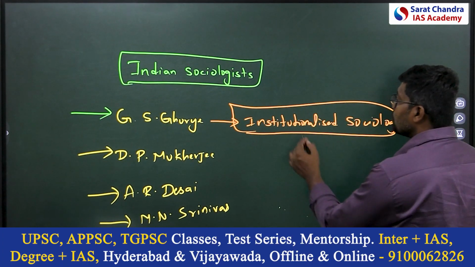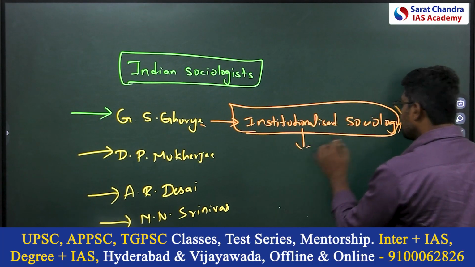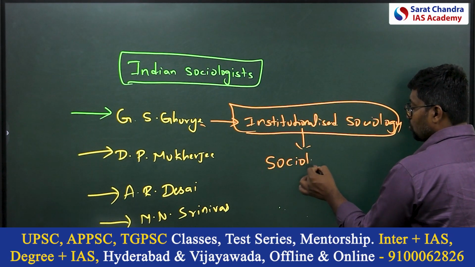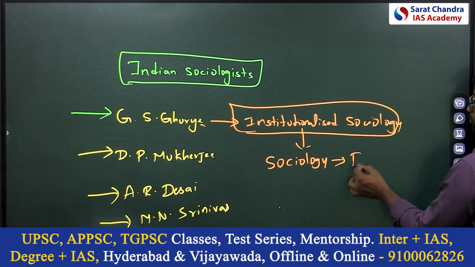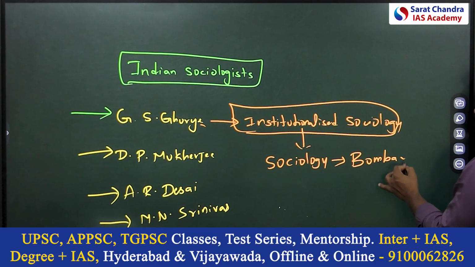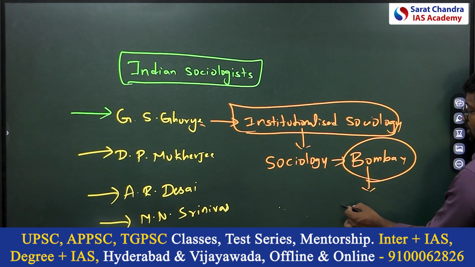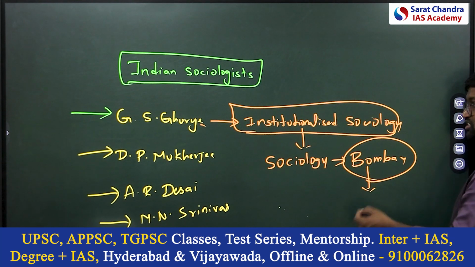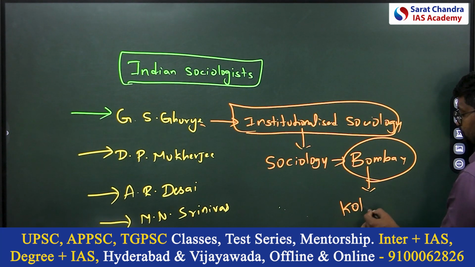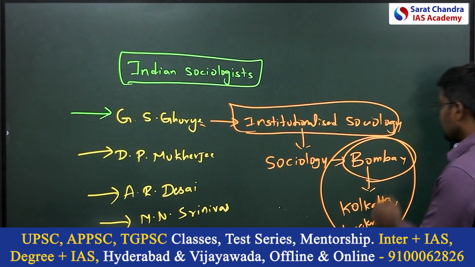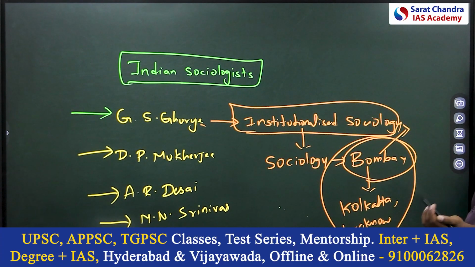Now, G.S. Ghurye was the first sociologist who studied institutionalization of sociology. He established the sociology department in Bombay. Later, after Bombay, the sociology department was established in Kolkata and Lucknow.